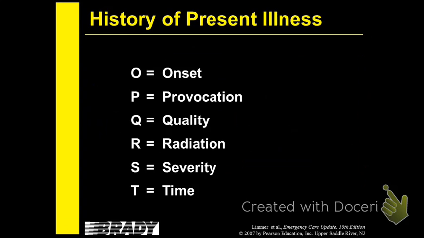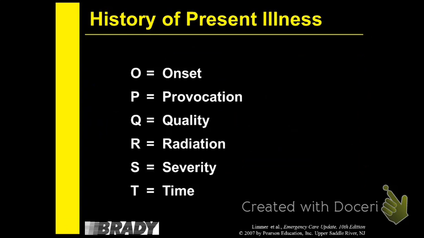When did it start? Provocation. What were you doing? What caused the pain? What were you doing when the pain started? Right? Quality. This would mean sharp or dull, aching. Like in cardiac-related chest pain, typically it feels like someone's squeezing the patient or sitting on their chest.